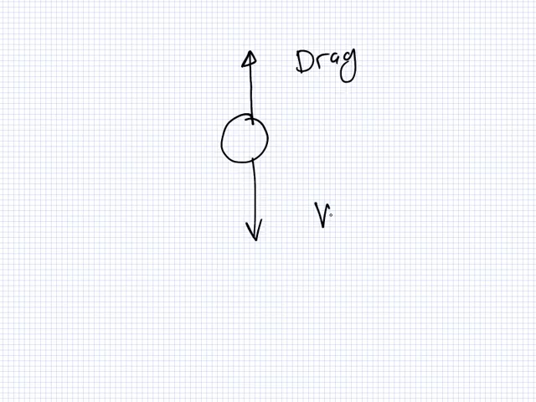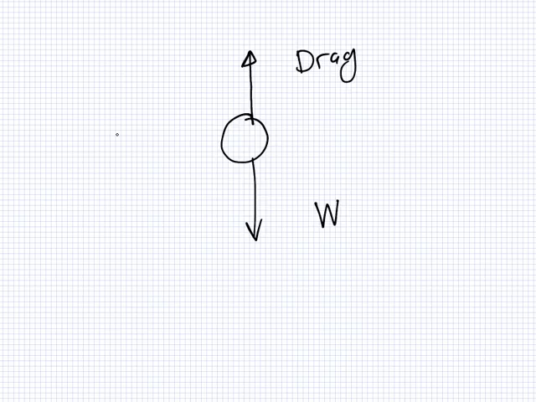As it falls, this force gets bigger and bigger until this force equals this force. At that point, it no longer accelerates. Its speed stays the same, and this speed is called the terminal velocity.